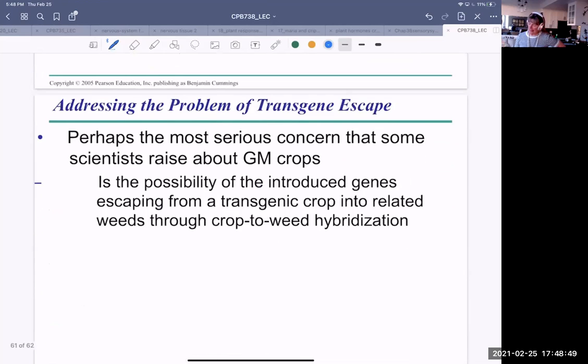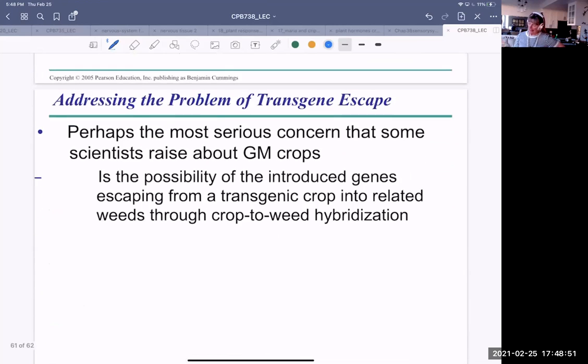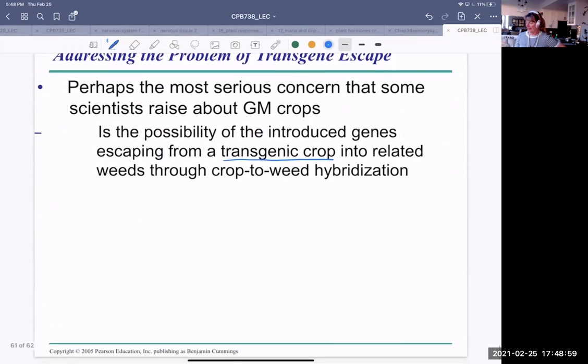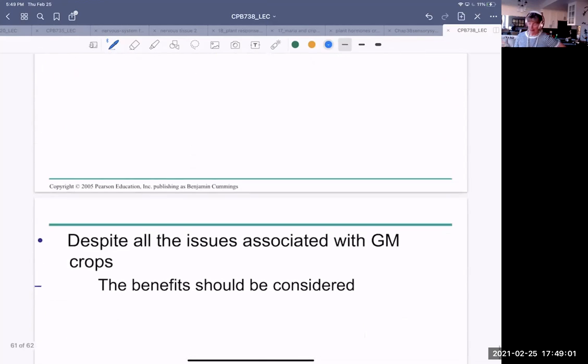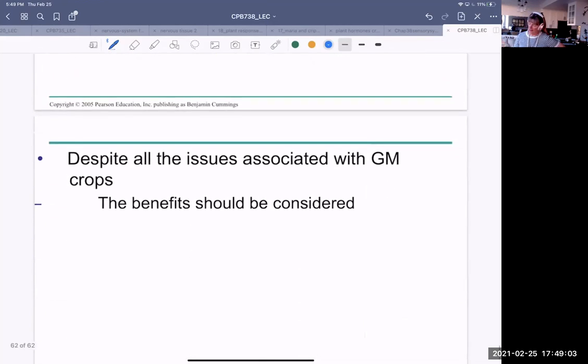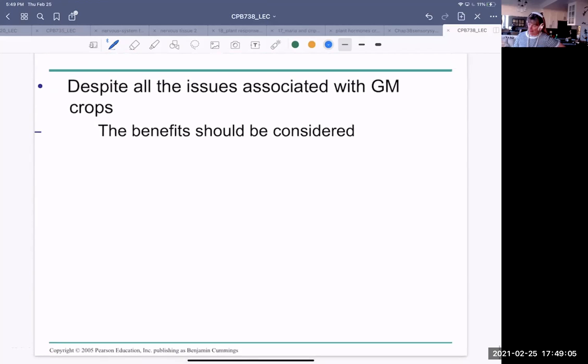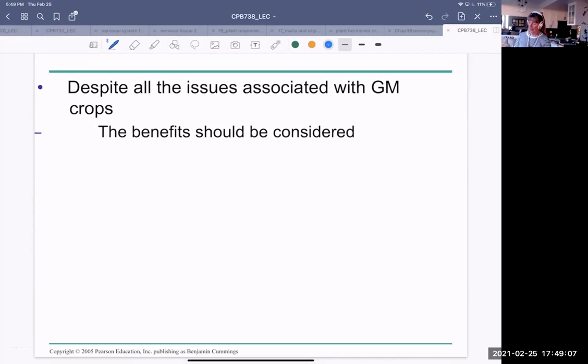Some scientists think that introduced genes may escape from a transgenic crop into related weeds through crop to weed hybridization. I haven't seen studies like that. But there are enormous benefits of genetically modified crops. Without them, we literally would not have enough food for the world.